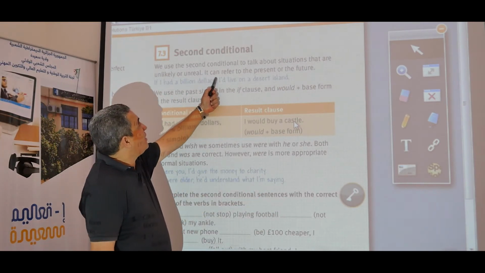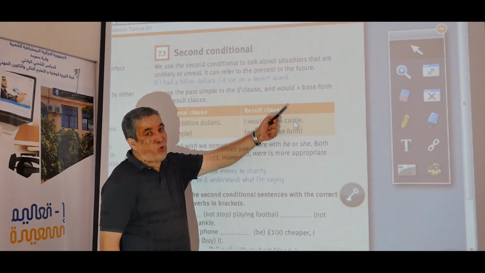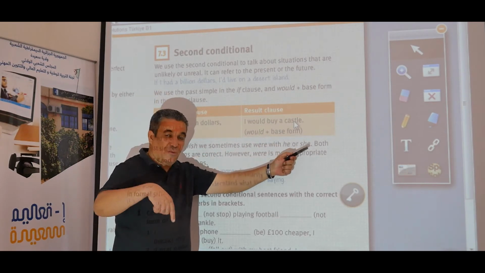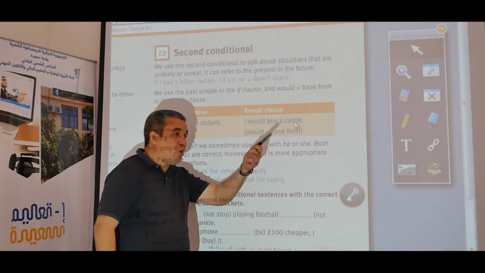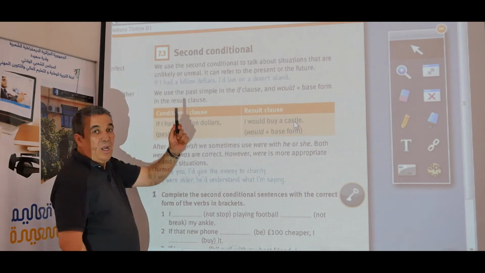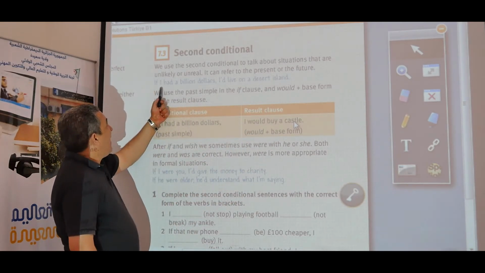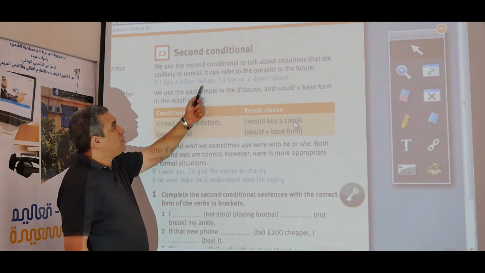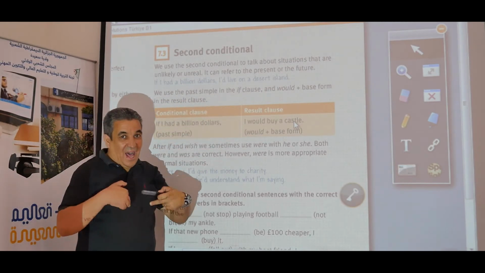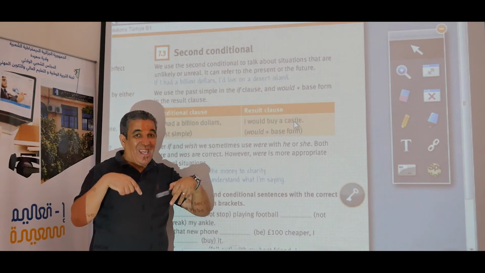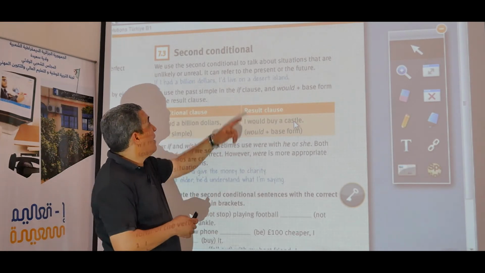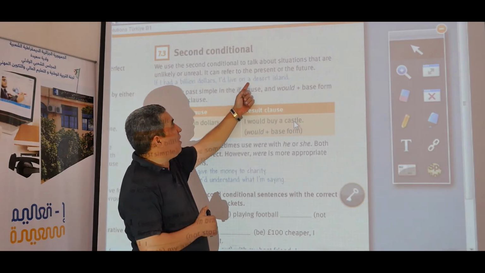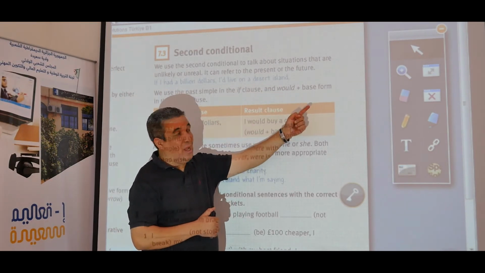These sentences can refer to the present or the future. Here's an example. If I had $1 billion, I would live on a desert island.